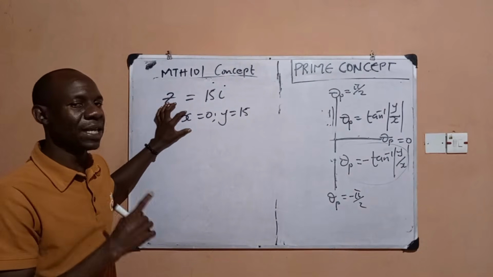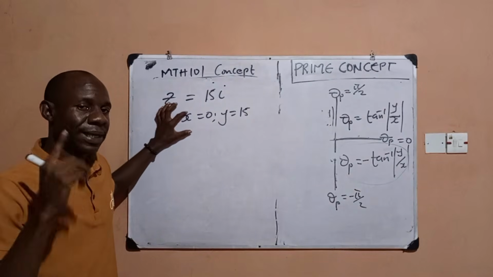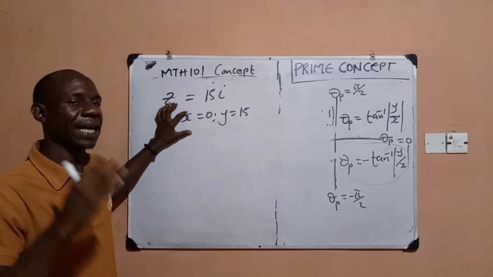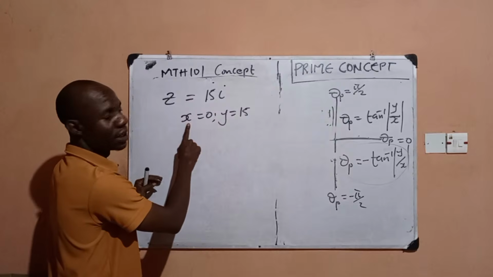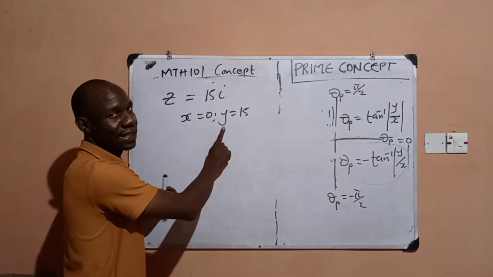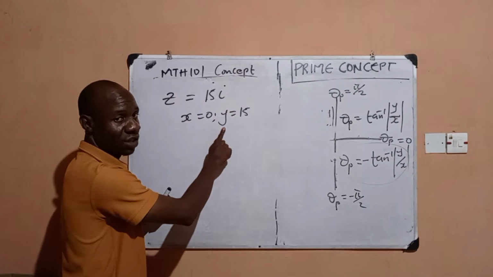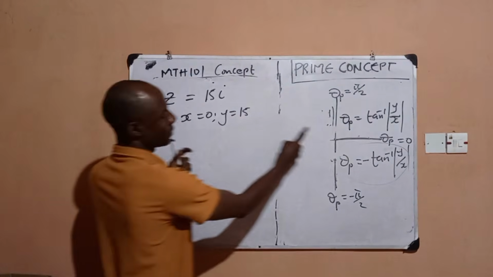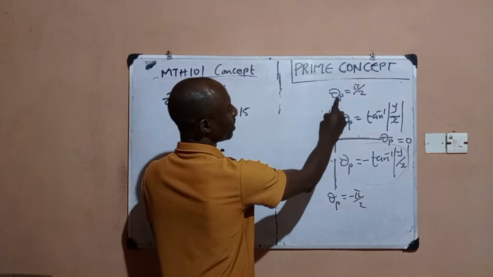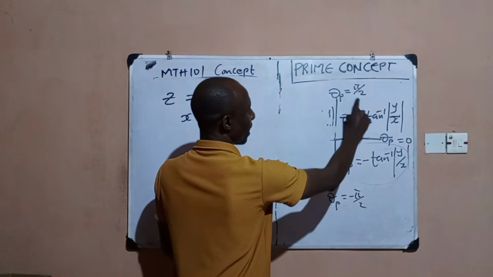Anytime any one of them is 0, it means that you are along the axis of the other one. Since x is 0, it means that we are on the y-axis. And which y-axis? Positive y. And along the positive y, what is the principal argument? Pi over 2.